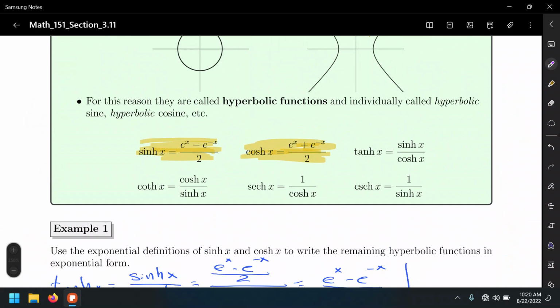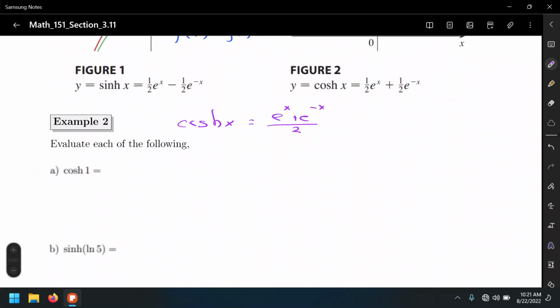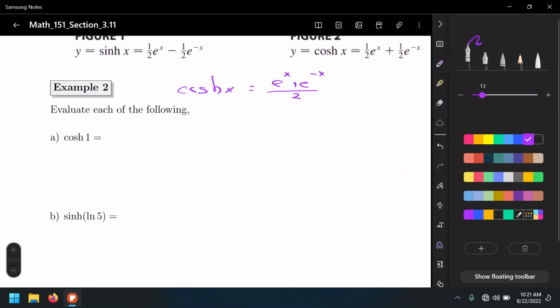One way to distinguish between the hyperbolic sine, sinh, and the hyperbolic cosine, cosh, is the sign in between the two. The sinh is the one that has the minus sign in between, and the cosh is the one that has the plus in between. Okay, so that's one way to distinguish. Coming back to the exercise.